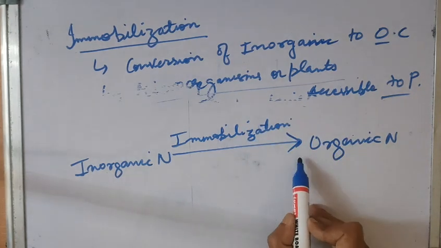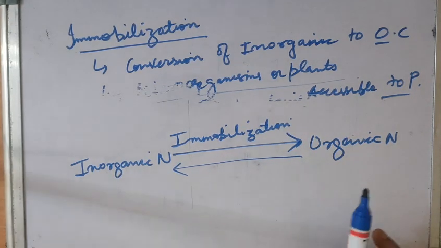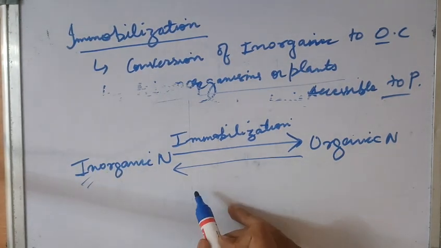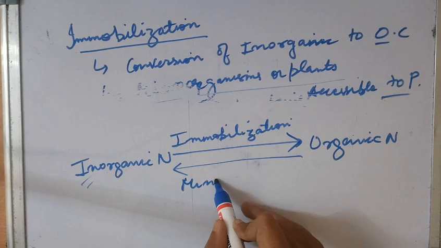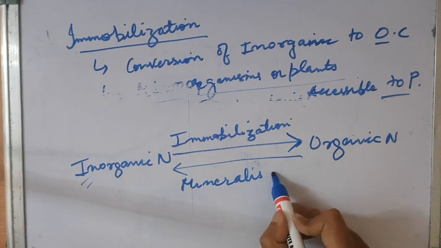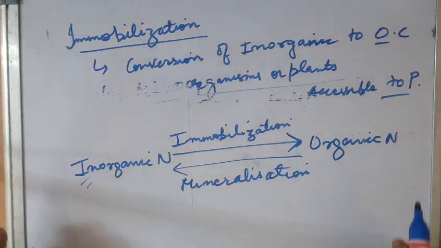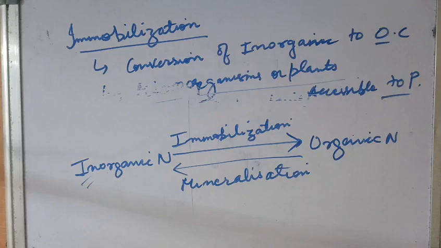But when we convert organic into inorganic nitrogen, which is accessible to plants, it is called mineralization. When these types of questions are asked and you describe your answers like this, that will enhance your marks to a higher limit. You will get good marks. So this is how you can show the examiner that you understand the topic very well.